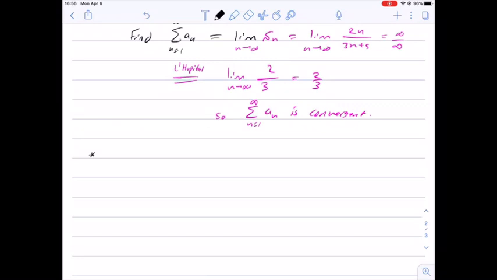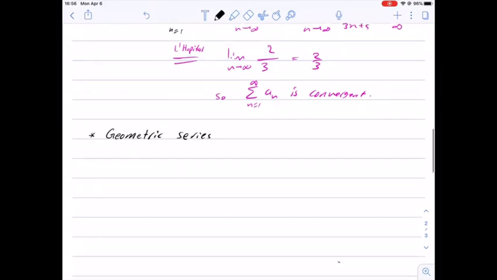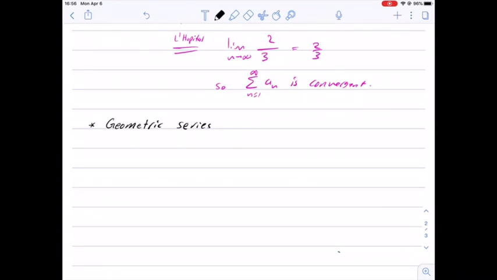Now we have a special type of series, and this is a very important one. It's called a geometric series. For a geometric series, each term is obtained from the preceding one by multiplying it by a common ratio, by some number.